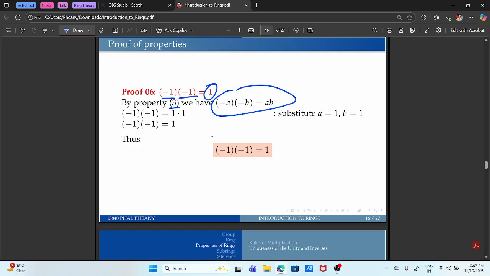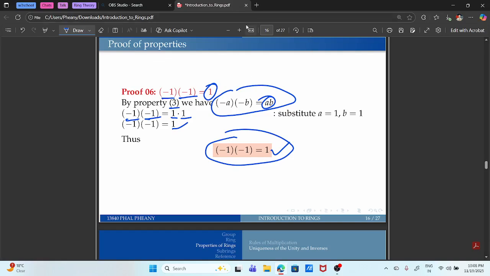So we substitute A equal to 1, B equal to 1, so we get minus 1 times minus 1 equal to 1 times 1, right? So we get 1 times 1 is equal to 1. So the proof of property number 6 is done.